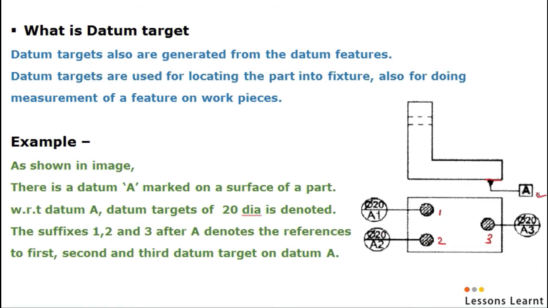Base datum is this, A. So A is marked on the datum targets, with 1, 2 and 3 as suffixes denoting the datum targets. So A1, A2, A3, these 3 are the datum targets, and the dimension of that hole or feature is given above it. So these 3 holes are of 20 dia. A1 is the first datum target, A2 is the second datum target, and A3 is the third datum target.